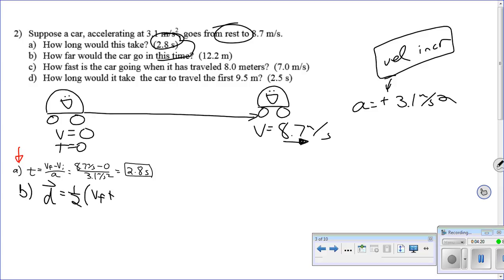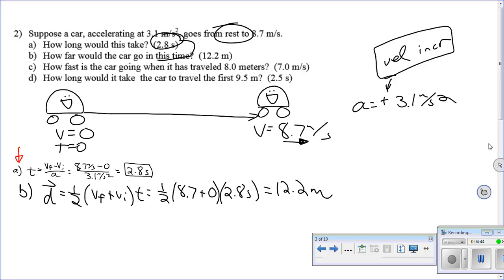Half of vf plus vi times your time. So 1/2 times our vf, which is 8.7, plus our vi, times our time, which we just found to be 2.8 seconds. So multiply all of that out, and you get 12.2 meters.